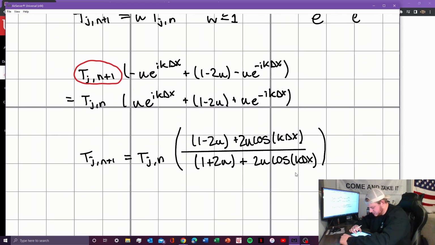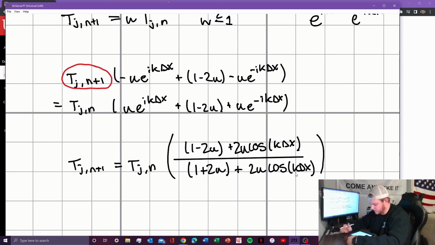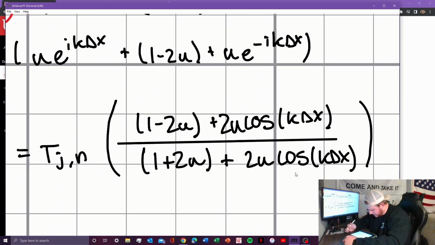Let me just check and see if this is right real quick. I'm pretty sure this is right. I just need to be sure before moving on, otherwise we'll screw up everything else. Alright, I had everything right except this one down here needs to be a negative.